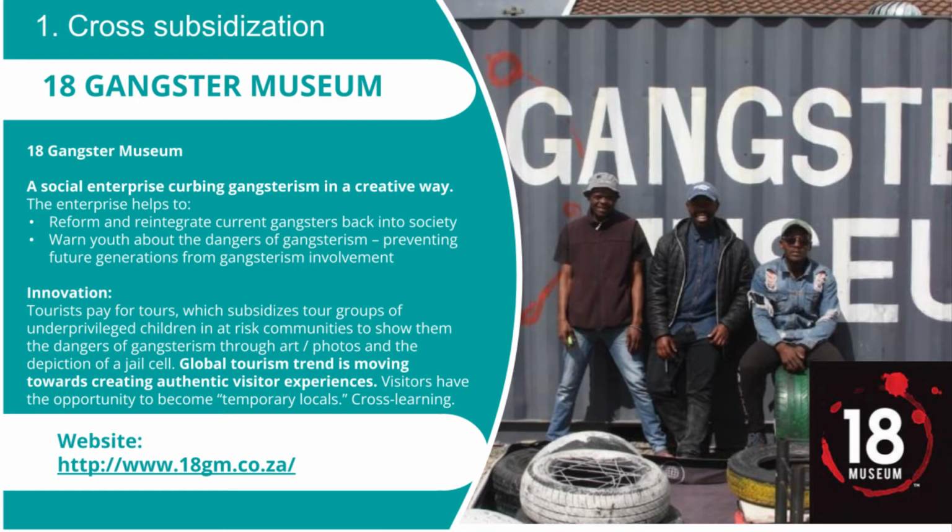And the way they do it is they've literally put together a gangster museum that depicts a jail cell, gangsterism memorabilia, some statistics and facts about the dangers of gangsterism, etc. So they create a tourism experience by really depicting an authentic visitor's experience to depict the dangers of gangsterism.